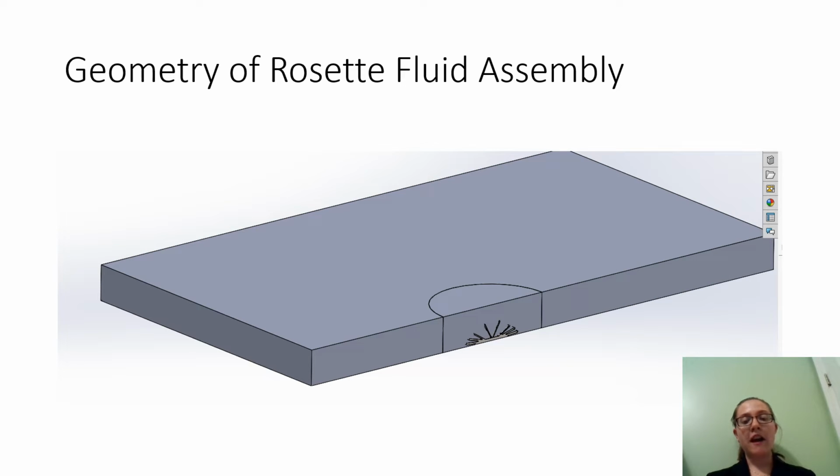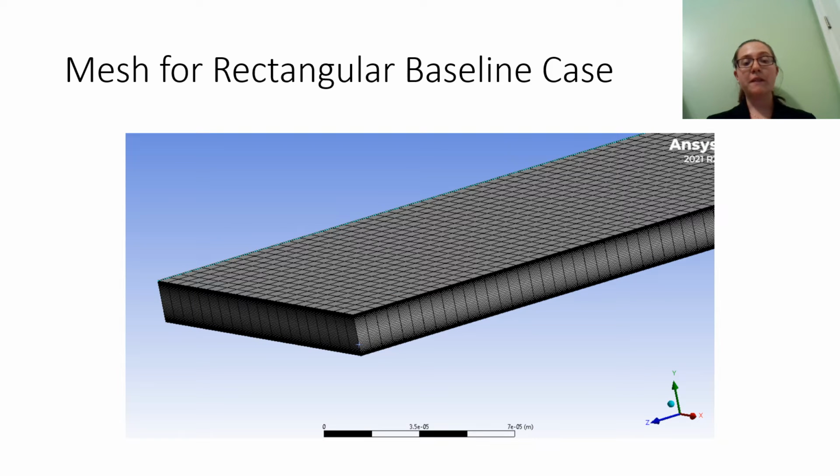Here is pictured a representation of all of the pieces of the blocking and the geometry put together in a single assembly. Here is pictured a mesh that was generated for a rectangular baseline case, where the rectangular channel was created to be the same dimensions as that of the channel with the rosette introduced. However, this case was a preliminary case and did not include the cylindrical or the rosette geometries, just the rectangle, and was used for comparison as well as initially generating the meshing scheme.